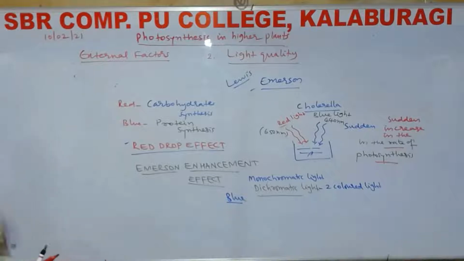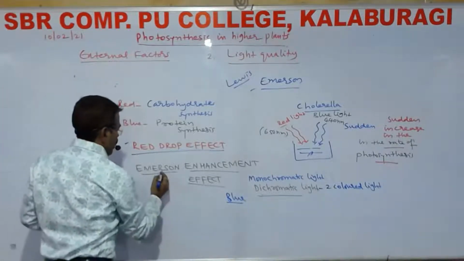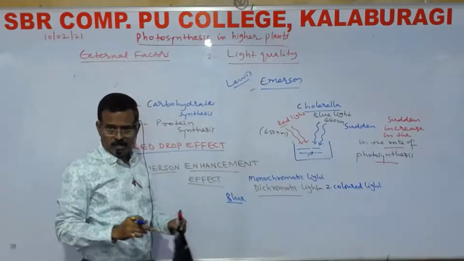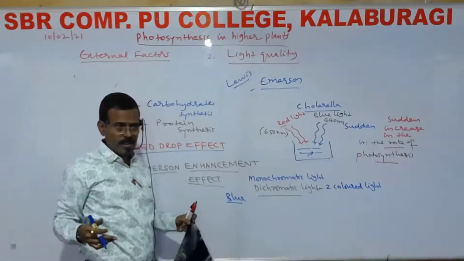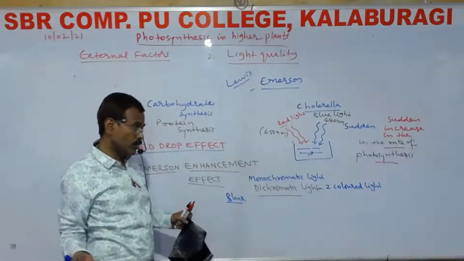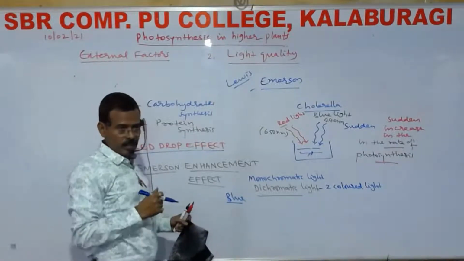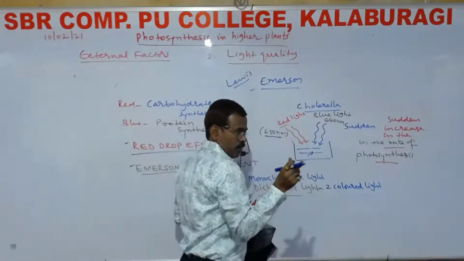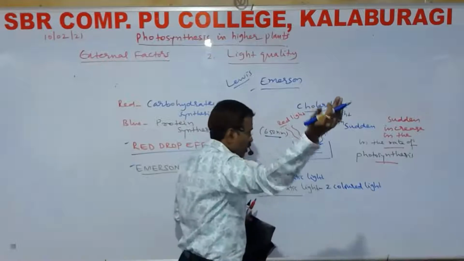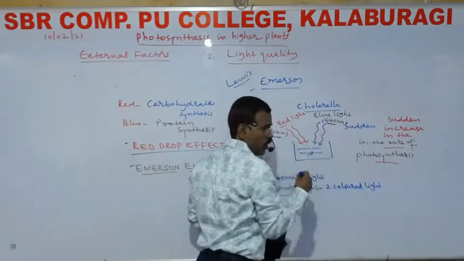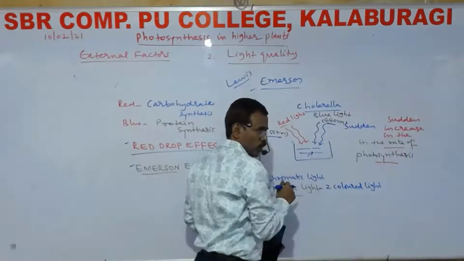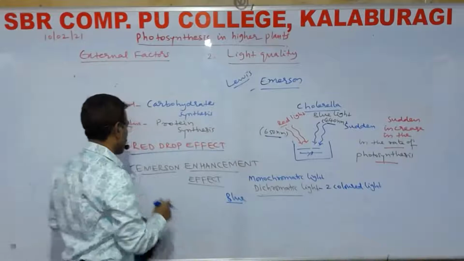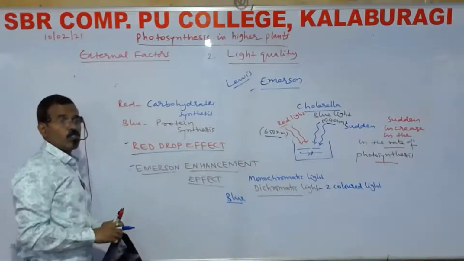This is referred to as Emerson enhancement effect. So instead of providing monochromatic light, the rate of photosynthesis will be more in dichromatic light. One is red light of optimum range, not far red, and another is shorter blue light. When exposed onto the chlorella culture, it increased the rate of photosynthesis. This is referred to as Emerson enhancement effect.